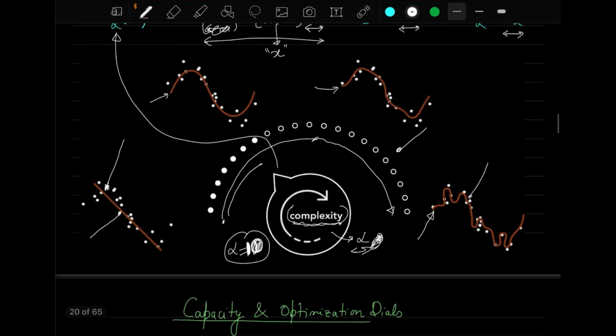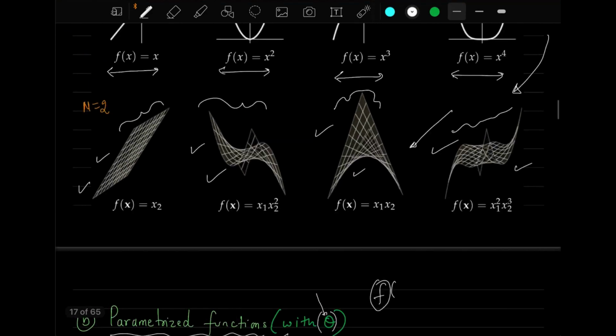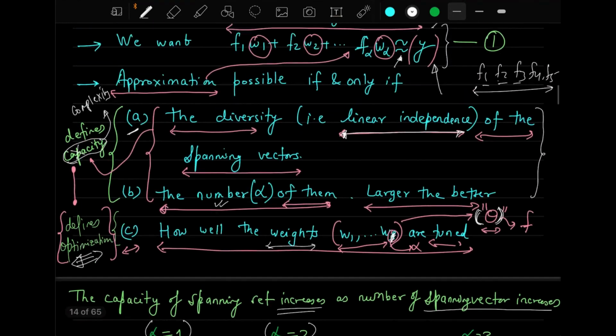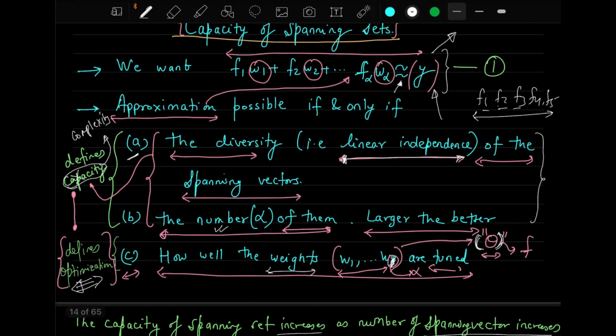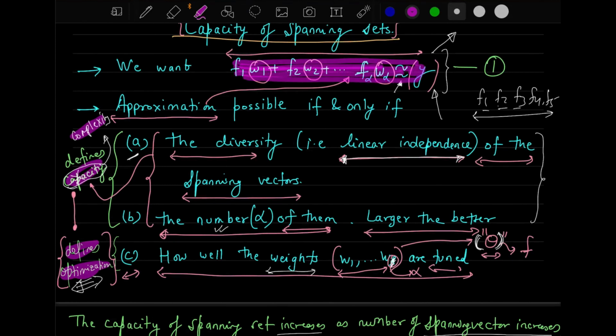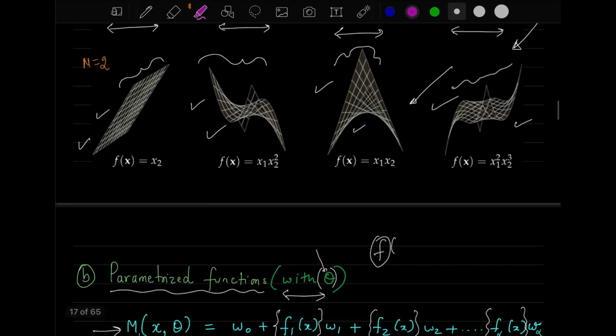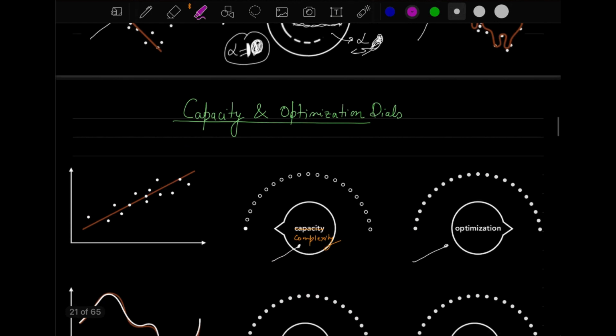The reason, as you can see from this slide which we discussed earlier when we started this lecture, is that both dials interact to generate the capacity, to approximate this equation. So in order to approximate this equation, we need adjustment of both these dials simultaneously so that you can get a proper fit to the model.